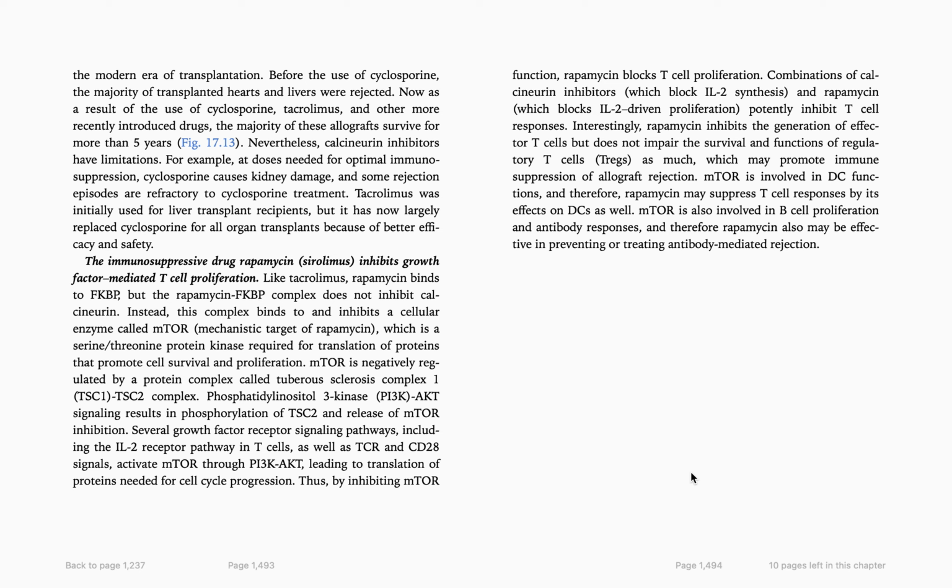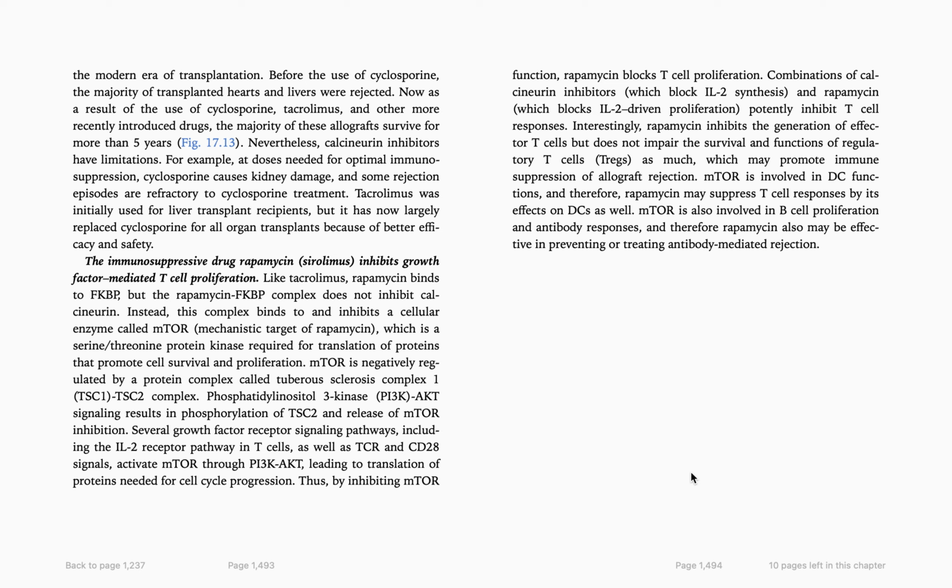Several growth factor receptor signaling pathways, including the interleukin-2 receptor pathway in T cells, as well as T cell receptor and CD28 signals, activate mTOR through PI3K-AKT, leading to translation of proteins needed for cell cycle progression.